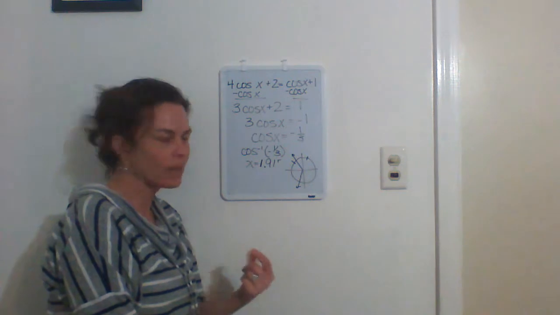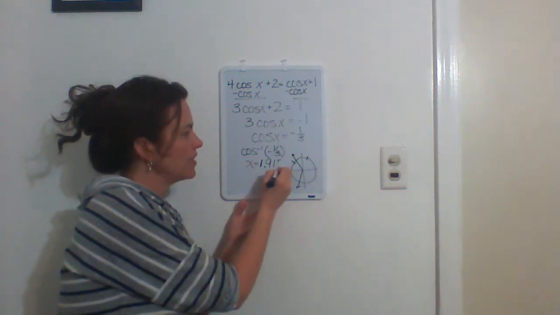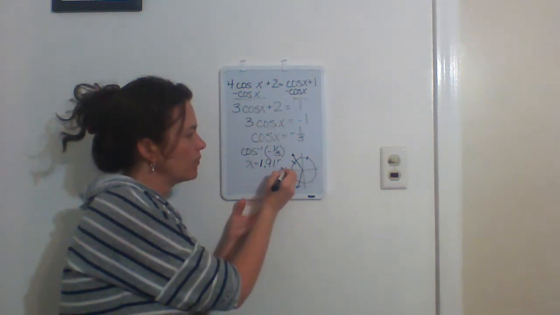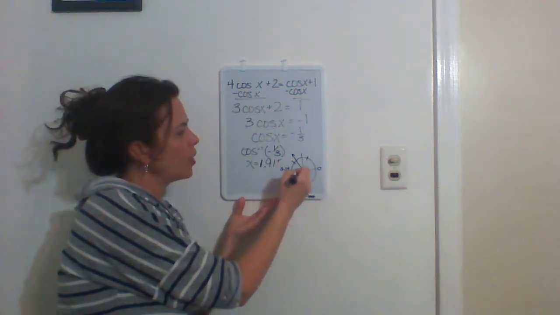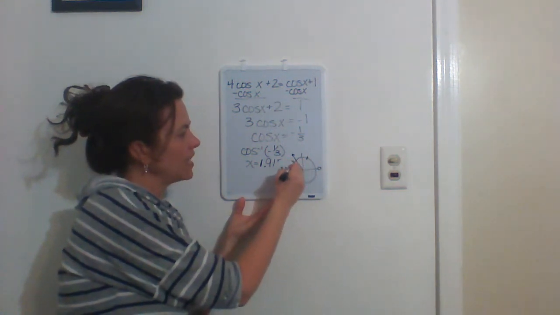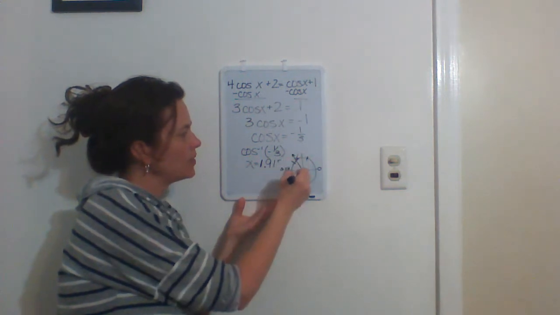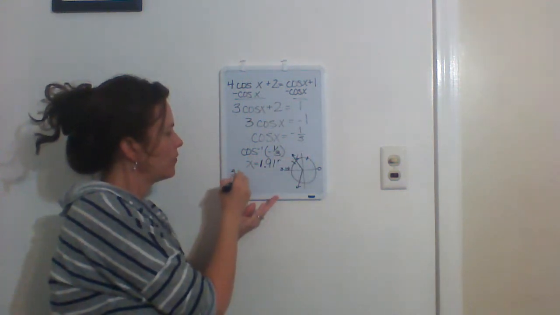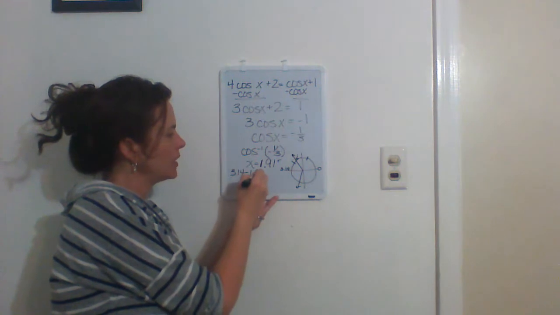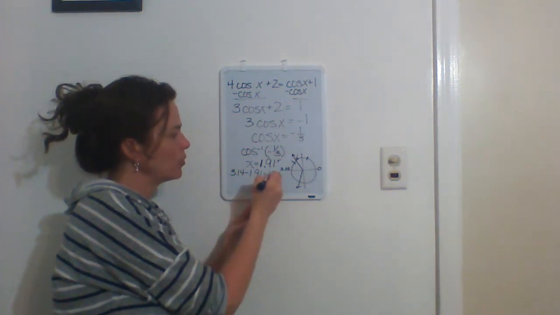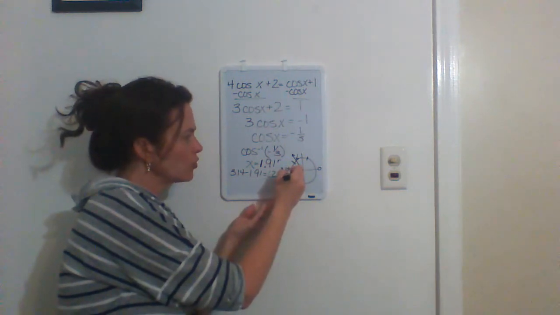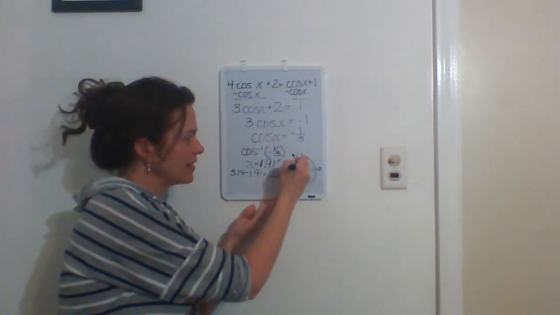So just a quick reminder of what we used to do. We would say this is pi, this is 3.14 over here, right? This is 0. So if this is 1.91 radians, then to find how far up this was would be 3.14 minus 1.91, and that would give us a value. I believe it's like 1.23. So this is 1.23 radians up.